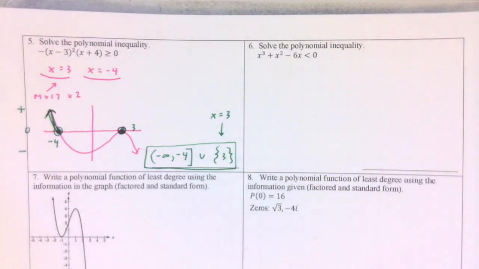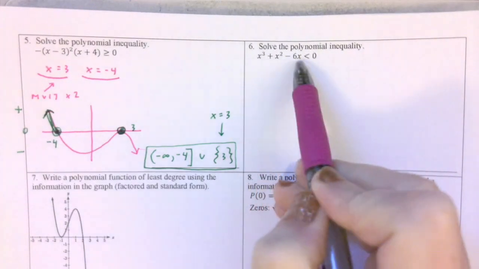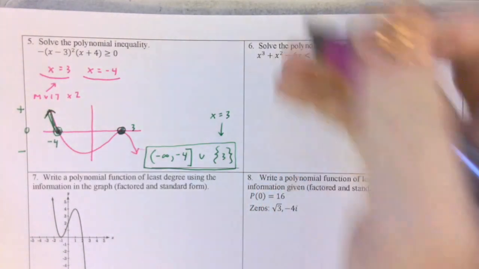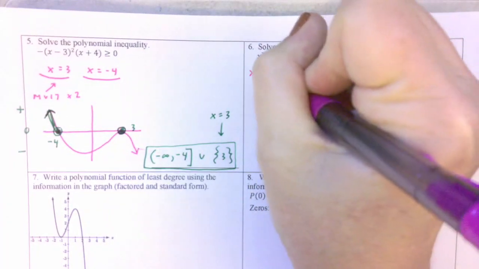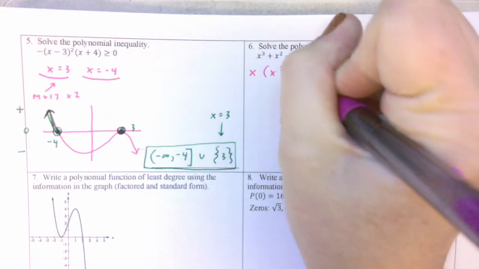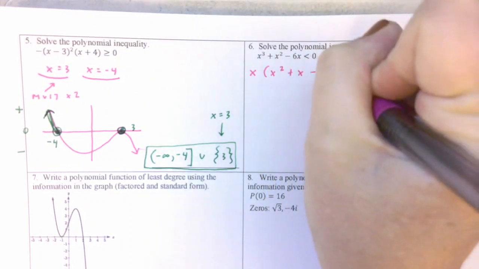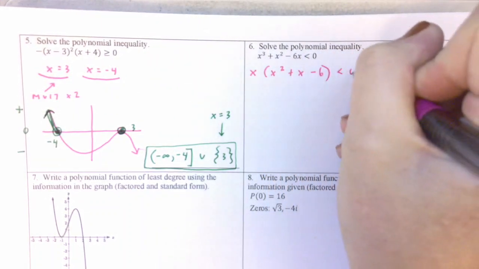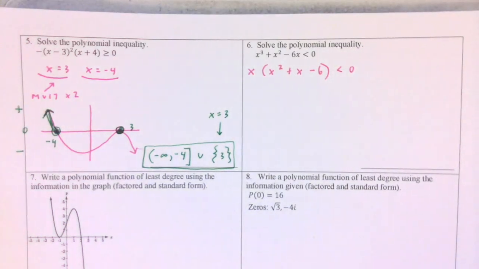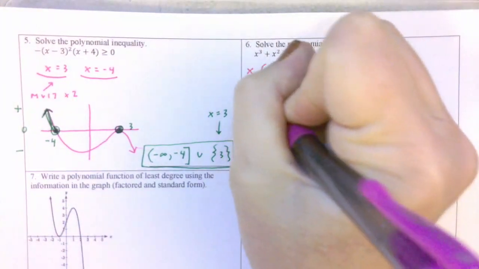Okay, this one is similar. We just have to factor it first. So the first thing that I can see is that they're all divisible by x. That's my GCF. Leaving behind an x squared plus x minus 6, less than 0. Okay, keep factoring it.